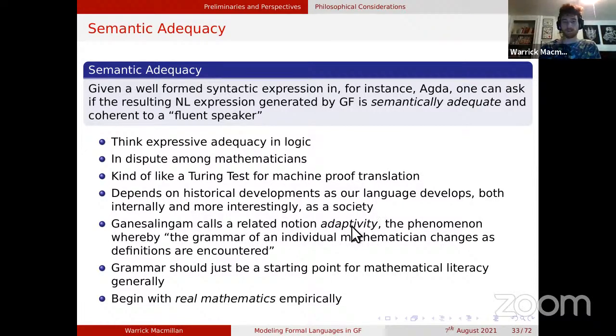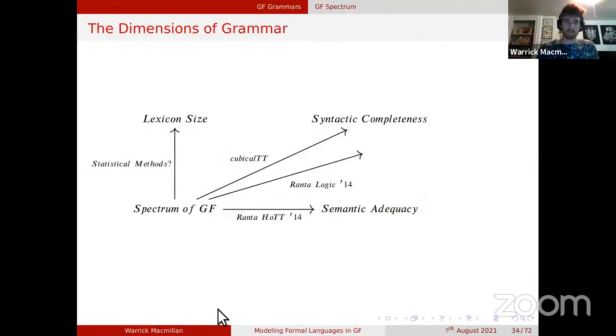When it happens to an individual, this is called adaptivity, where the grammar of a mathematician changes as new definitions are encountered. As you learn more mathematics, your linguistic capacity changes. But grammar should just be the starting point for mathematical literacy, and there's a lot more than just grammar. And when we design a grammar based off this criteria, we should begin with real mathematical text.